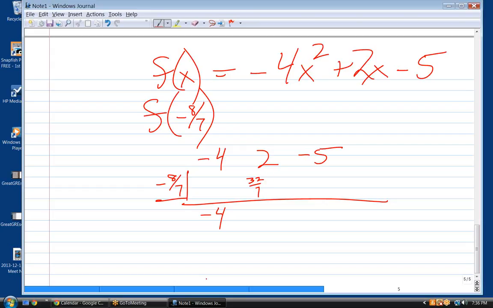Okay, so in order to add these, let's make this 14/7. So that gives us 36/7. Why would they do this to you? Is this a non-calculator problem? I think so.